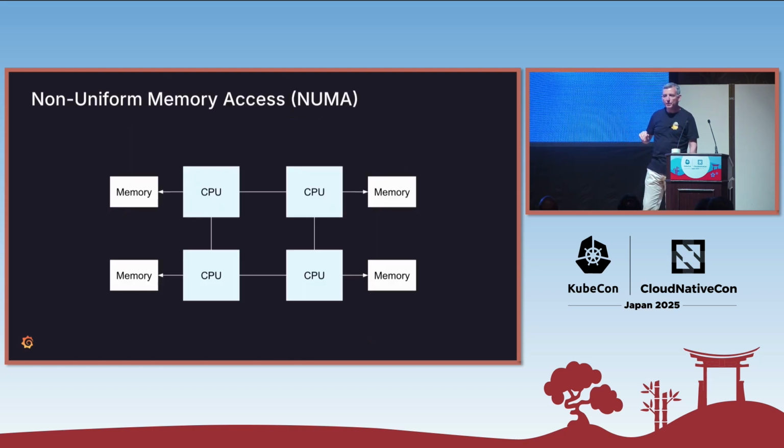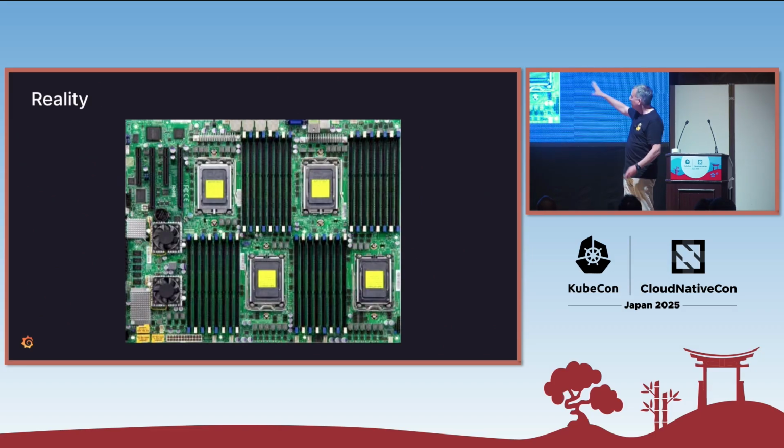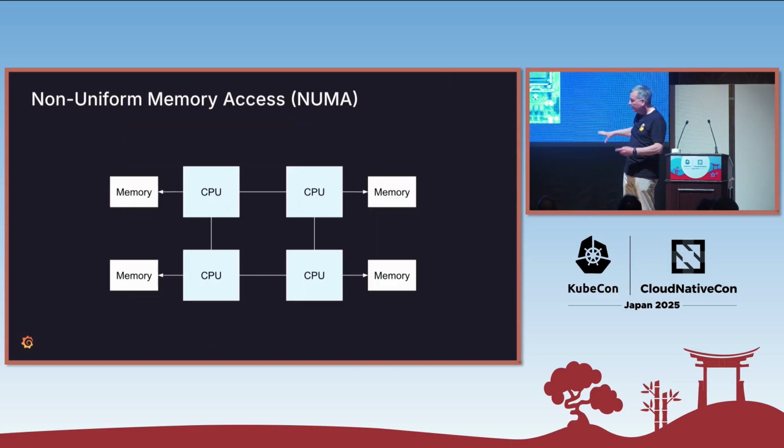So this is not the way computers work. This is how computers work. Each CPU is connected to its own memory. You can kind of see that, right? The CPU is right next to the memory. And then the CPUs are also connected to each other. And yes, there is a memory bus here, here, here, here. There's lots of buses. But there is not one memory bus, and it is non-uniform.